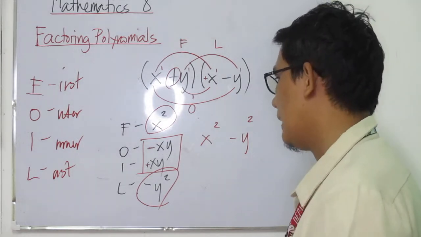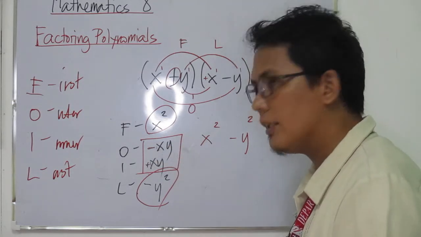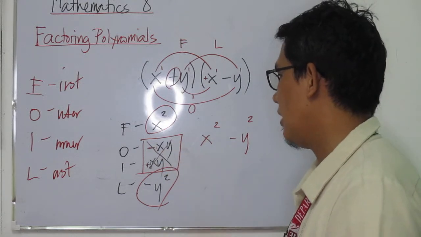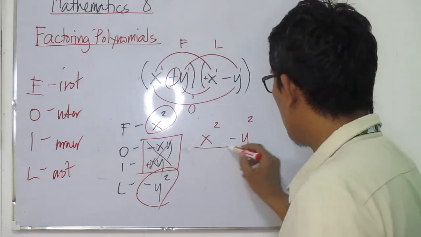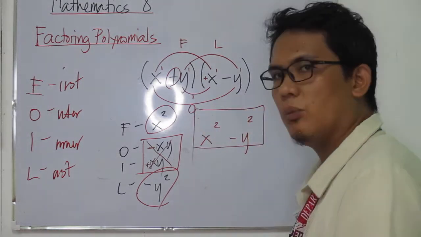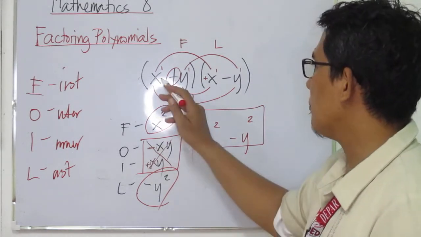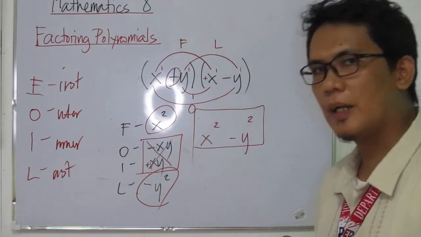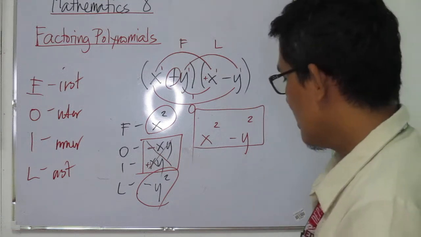Since we have 1xy and 1xy, 1 minus 1 is 0, so this does not have a value anymore. So we just copy our x squared and our negative y squared as our final product. So therefore, if you multiply x plus y times x minus y, the product is x squared minus y squared.